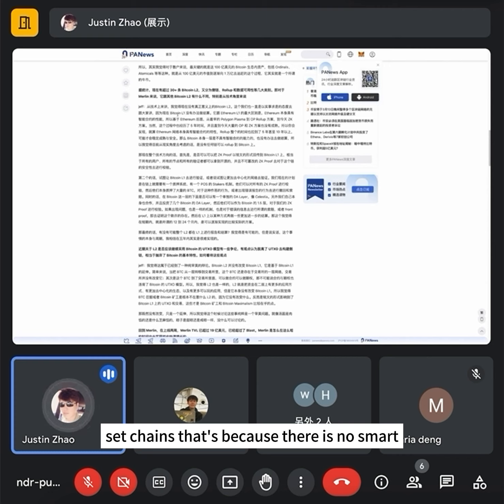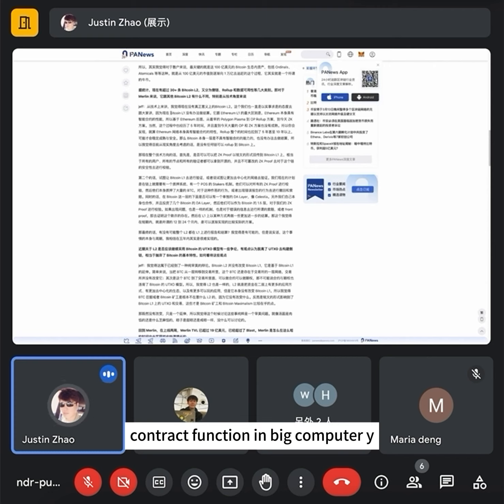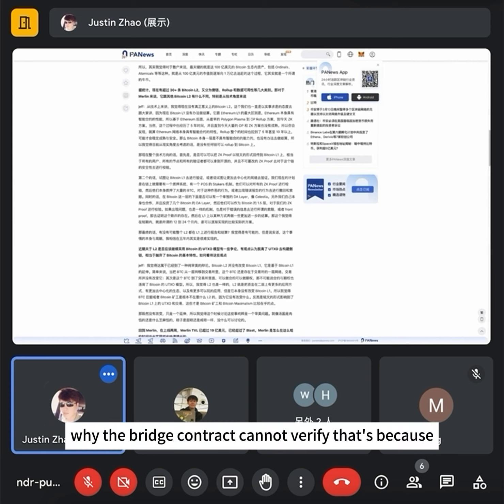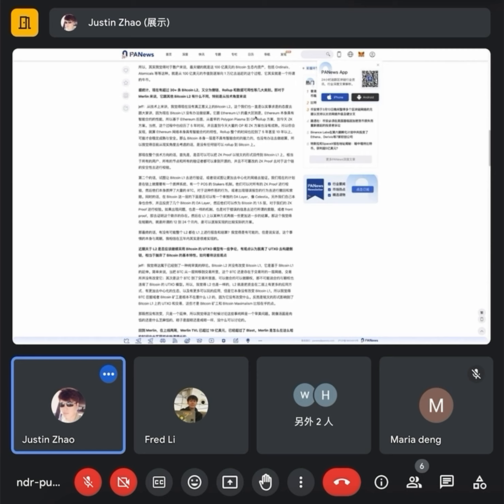That's because there is no smart contract function in Bitcoin layer 1, so the bridge contract cannot verify. See here, the ZK proof is uploaded to Bitcoin layer 1 in the form of inscription.